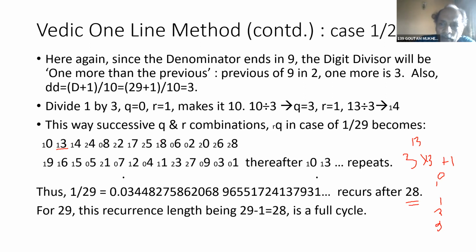So basically 13 by 29, in whichever way you do, it will be this one. 0. After that, 0.4, double 4, okay, 8275, yeah, 275.